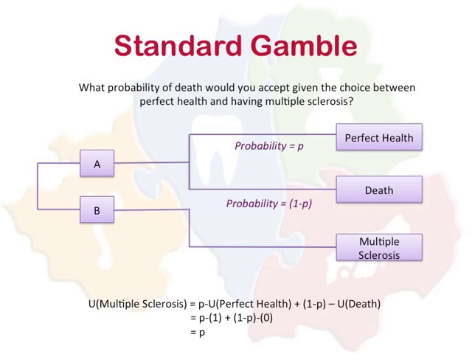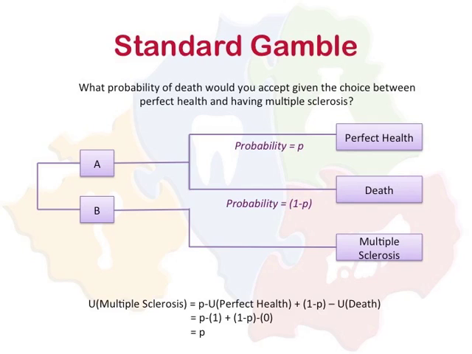So I'm indifferent at the point where I have a 75% chance of death if I pick option A, i.e. 1 minus 0.25, or 100% minus 25%, giving 75%, and having multiple sclerosis. The fact that I'm willing to accept a high chance of death, 75%, suggests that I value the state of having MS, or whatever it may be in option B, as a low quality health state that I'm willing to gamble perfect health against death with a 75% chance of death.